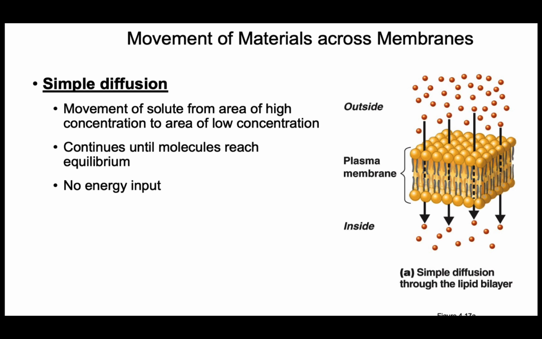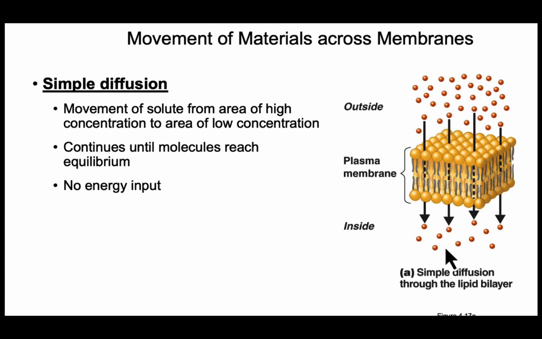With simple diffusion, what we're looking at is that outside the cell, there's a high concentration of something we want or need. Inside the cell, there's a lower concentration. Depending on the characteristics of the molecule, as long as it's small enough, it's not charged, it's got the right polarity, these molecules that are on the outside will diffuse.